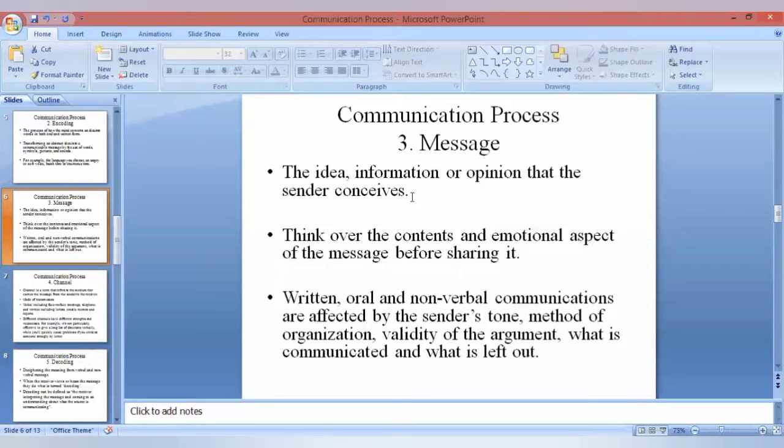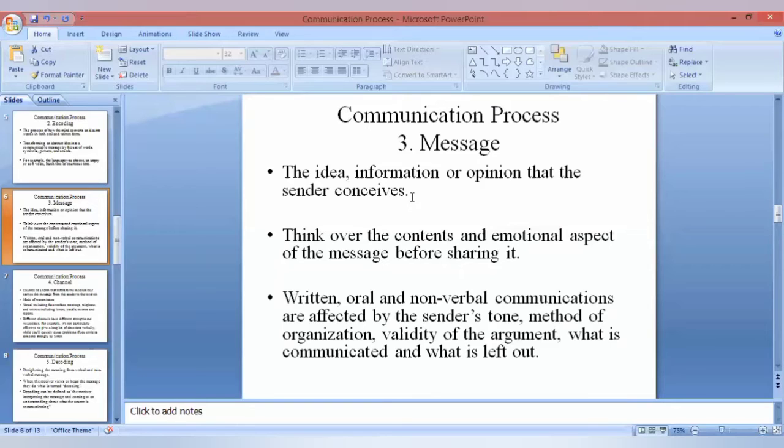Emotional aspects, as discussed earlier, could be your tone. That could be a harsh tone. That could be a pleasant tone. So be very careful about it before sending a message.